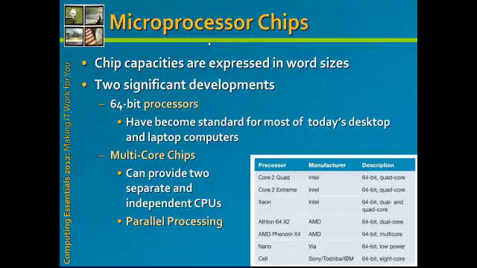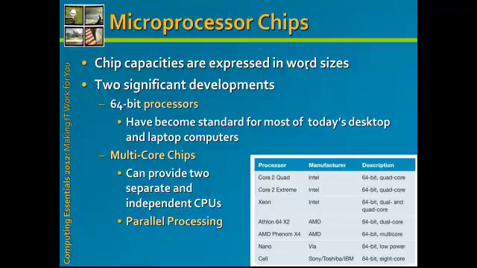Microprocessor chips. We have a Core 2 Quad, Core 2 Extreme, Xeon, Athlon 64, and a lot of people don't know the difference between these multi-cores. You won't really see any 32-bit computers anymore because it only can address so much memory.